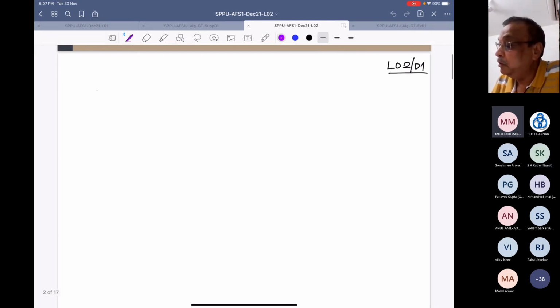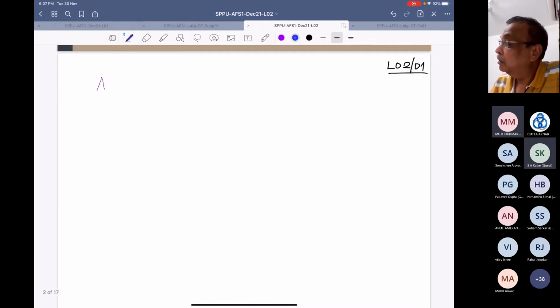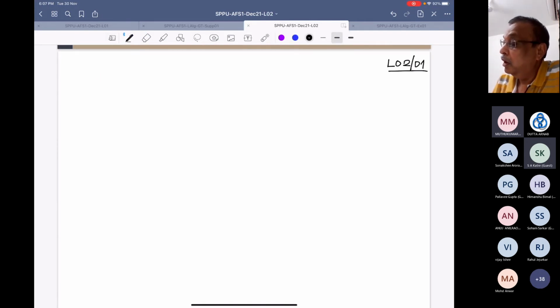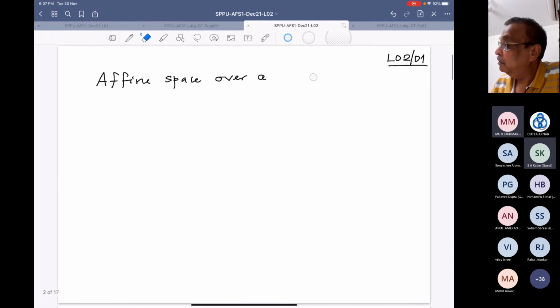So affine space over a K vector space. Let me write it. This term I am defining.